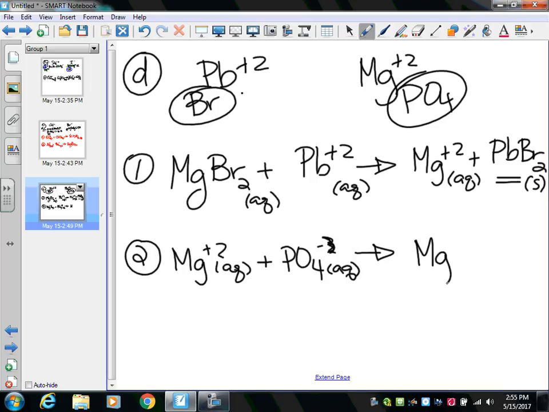So I have magnesium, and I have phosphate. Remembering my charges of a +2 and a -3, I do a crisscross. So that 3 is going to come this way. I'm going to put this in brackets and put my 2. We already established when those two items are put together that I'm going to get a solid. Right? And then we're done.